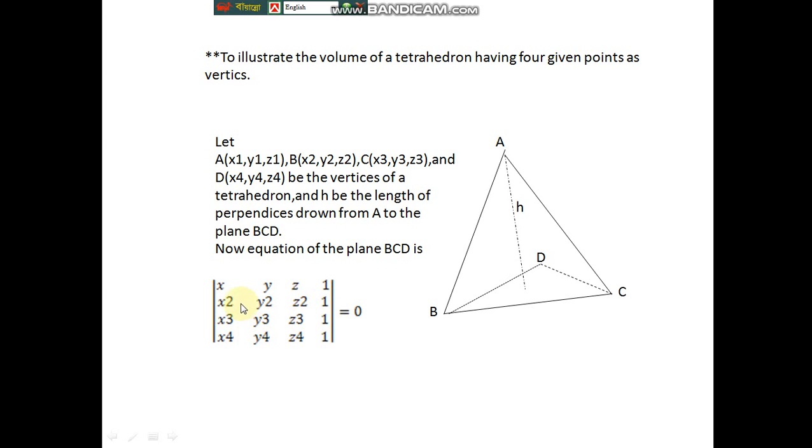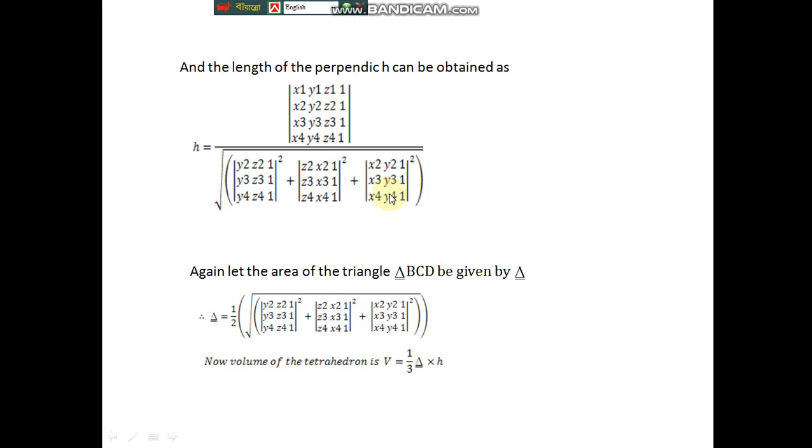In this way, we first take the first and second columns with 1, then the second and third columns with 1, and the first and third columns with 1, and thus we calculate the denominator of h. We put it as a multiplier of half, and in this way we calculate the area of BCD.